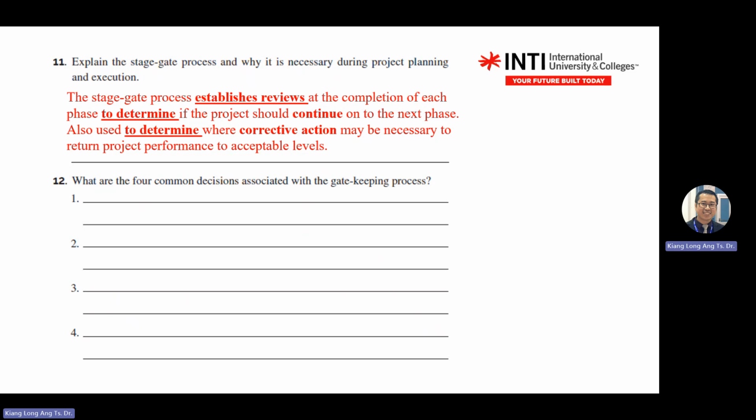First one, I gave you already. Proceed without changes. Second. These four decisions are very important. I keep repeating already. First, proceed without changes. Second is what?